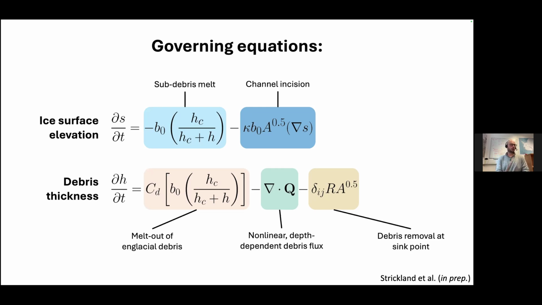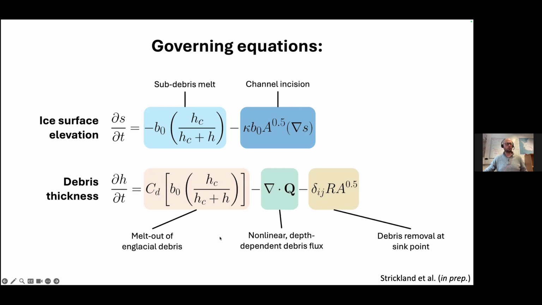And then we also allow debris to be removed at the drainage point as well. And we scale that with the drainage area at that point, which is borrowed from the karst hydrology world, where sinkholes are common, and debris removal at sinkholes is common.